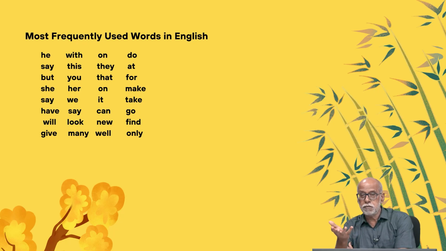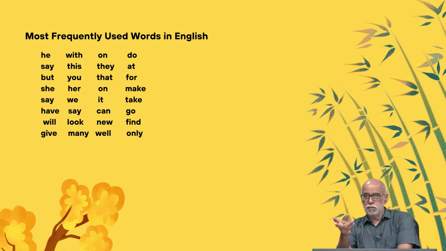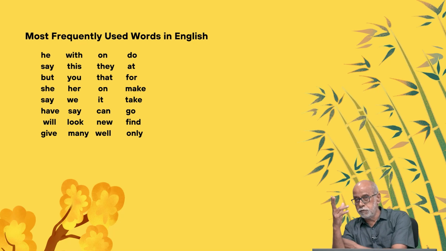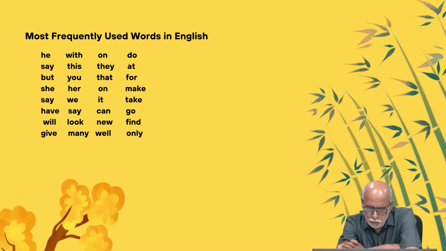Then you may have prepositions, without which two nouns would not be related, without which noun and verb may not always be related. Okay? So prepositions. Here also you can see how many prepositions we have. We have on, for, with, at, for, on, etc. Out of about 30 words here, 5 to 6 are prepositions.